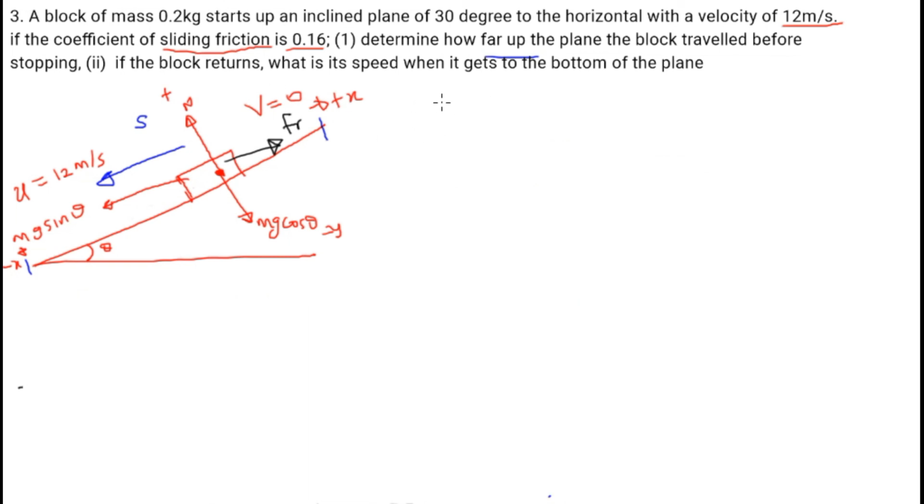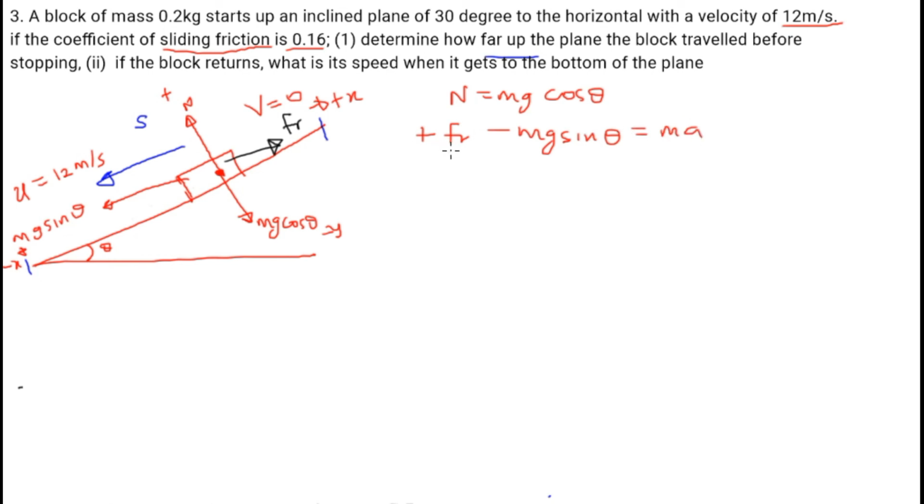On the y-axis, I already explained n will be equal to mg cosine of theta, and then on the x-axis we will have plus fr, then minus mg sine of theta, which has to be equal to ma.